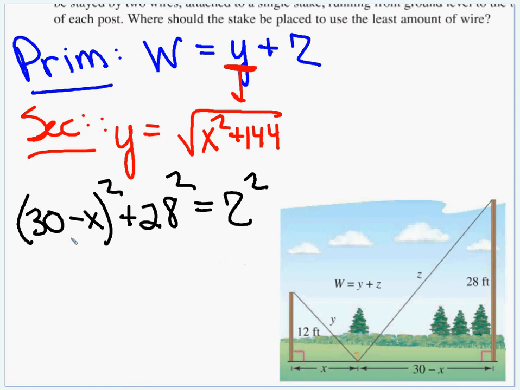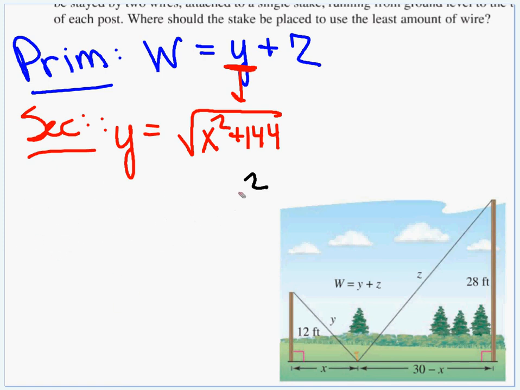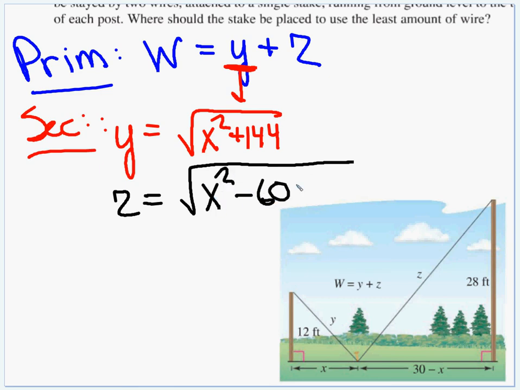Okay, and let's see, to save a little time in the video, if we FOIL this out and we square the 28 and we combine the like terms and then we take the square root to get z by itself, no longer z squared, this is what we're going to come up with. Z equals big old square root x squared minus 60x plus 1,684.